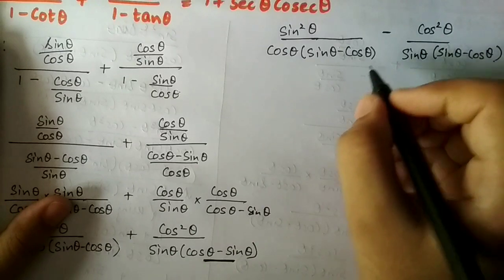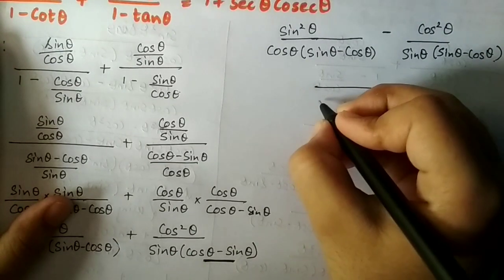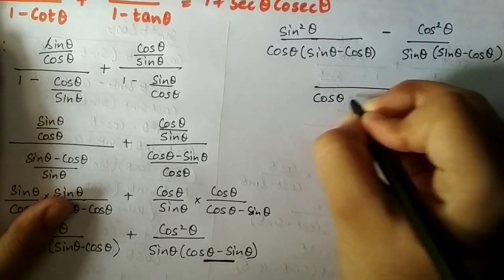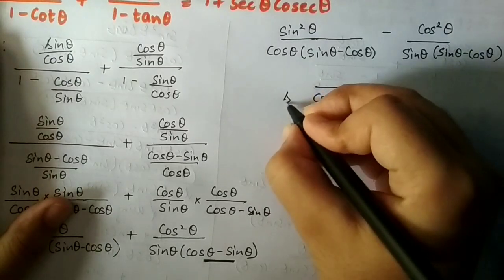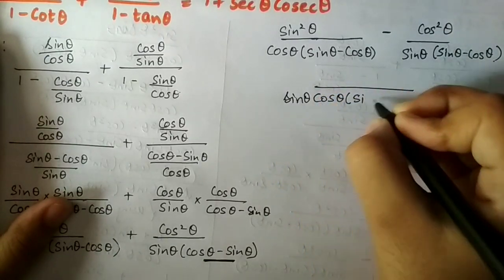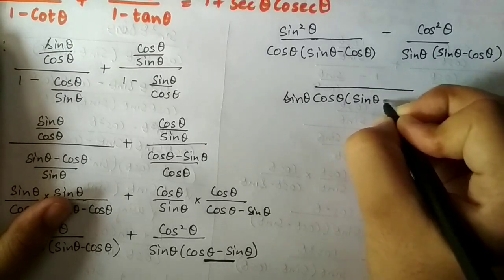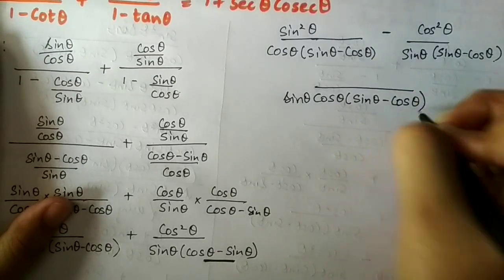So now you take the LCM. Your LCM will be cos theta into sin theta into sin theta minus cos theta.